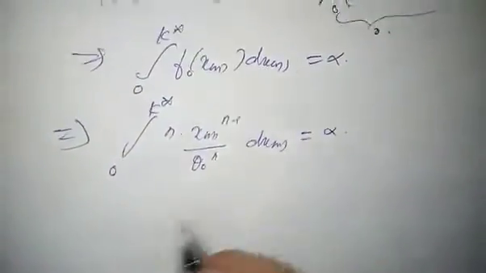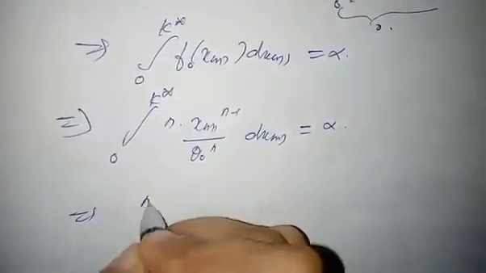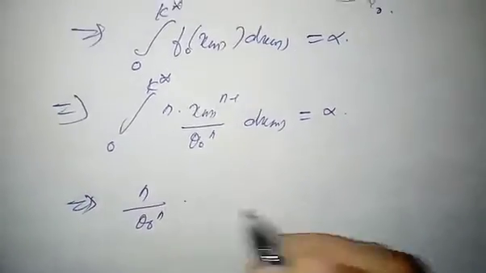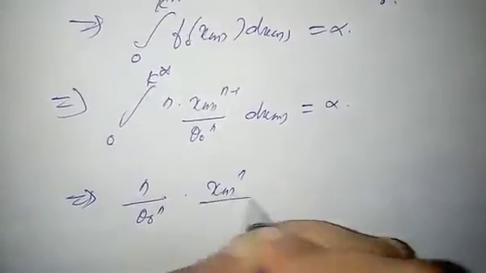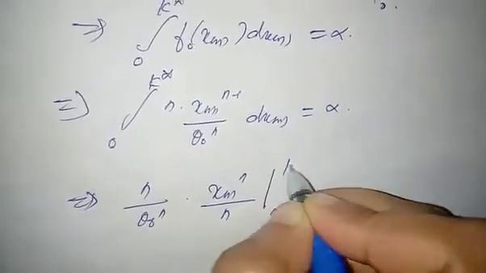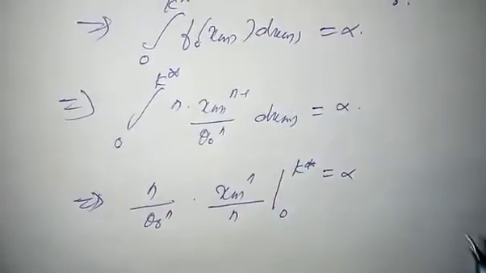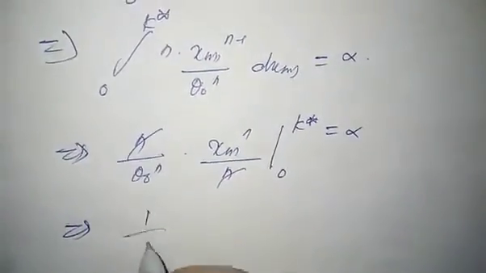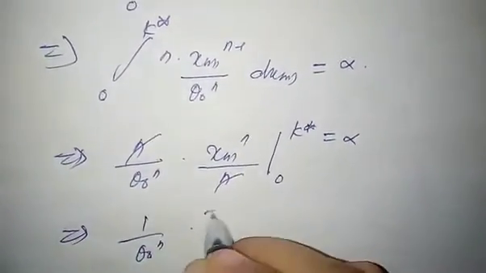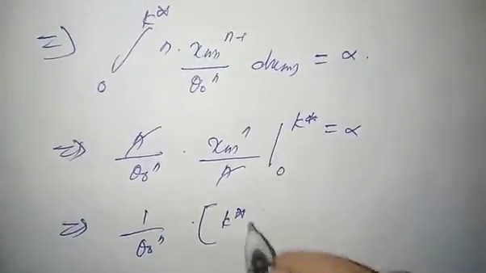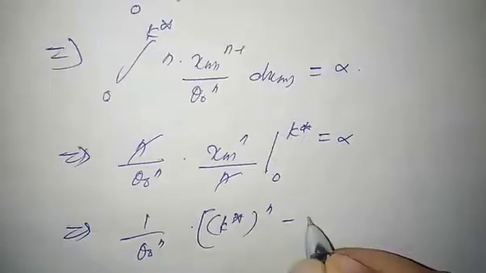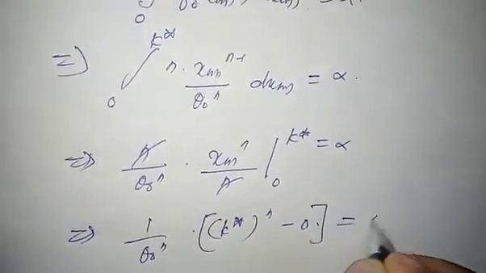After integrating, you get n by theta naught power n times xn power n divided by n from 0 to k star, equal to alpha. The n gets cancelled, then 1 by theta naught power n times k star power n, minus 0, equal to alpha.